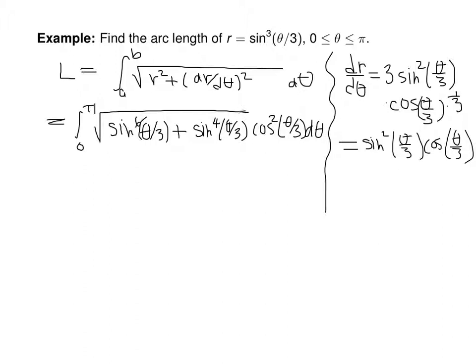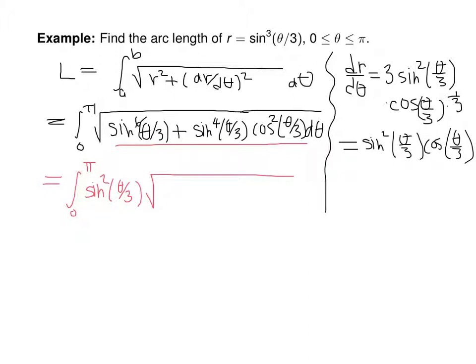Now I'm going to factor out a sine to the 4th and then square root it. So that will give me 0 to pi sine squared theta over 3, and because I factored out a sine to the 4th, I have sine squared theta over 3 left behind, plus cosine squared theta over 3. And look at that loveliness. That's just equal to, or the root at least, is equal to 1.